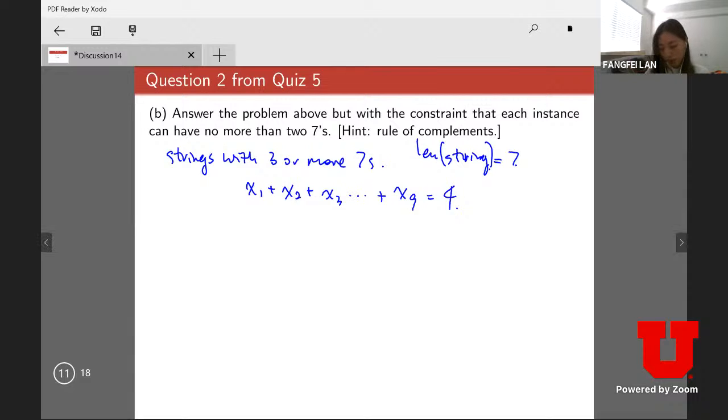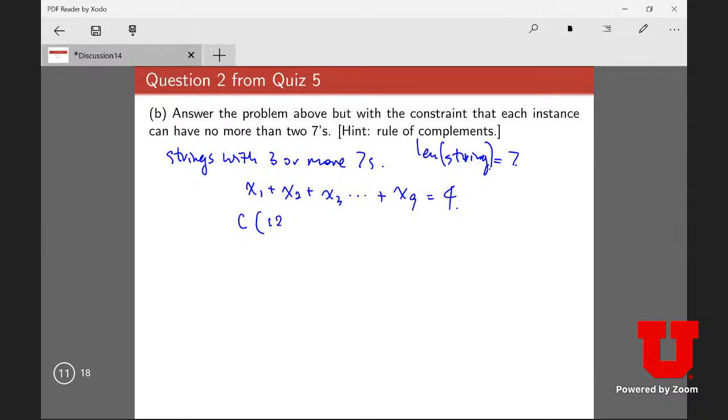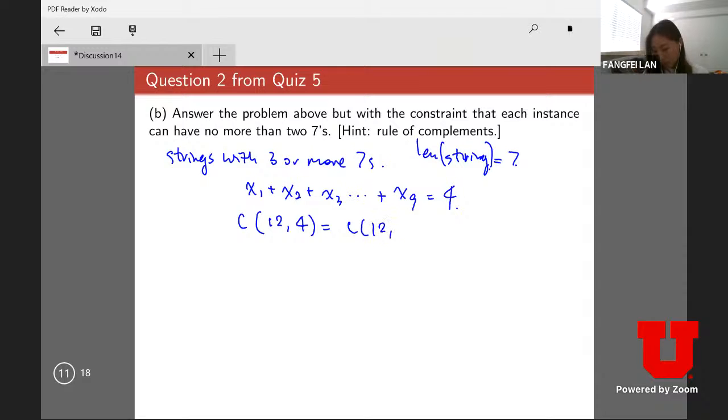So you do the same thing. So that would be what? That would be C of 12, comma 4. Yep, C of 12, comma... Wait, 1 second. Yes, actually, that's right. So that is also the same thing as C of 12, comma 8.